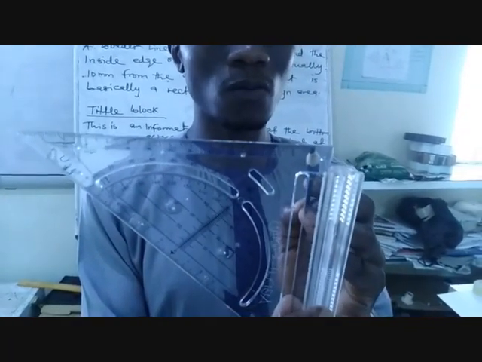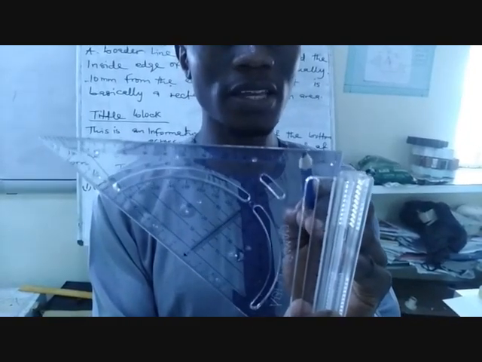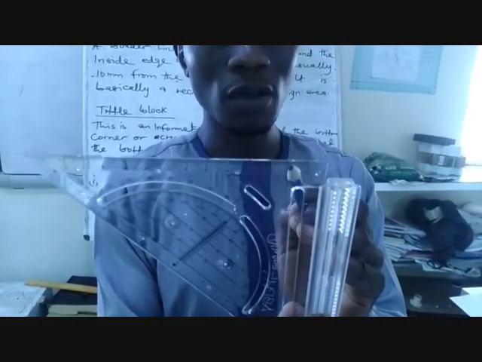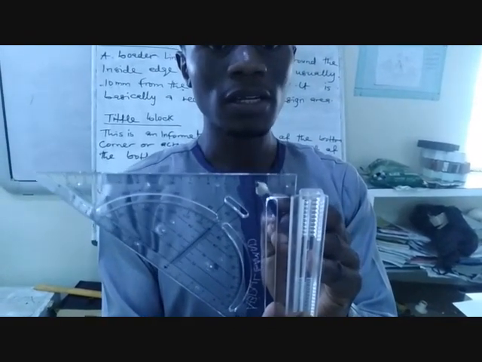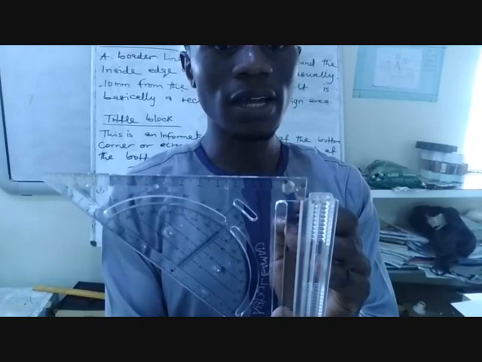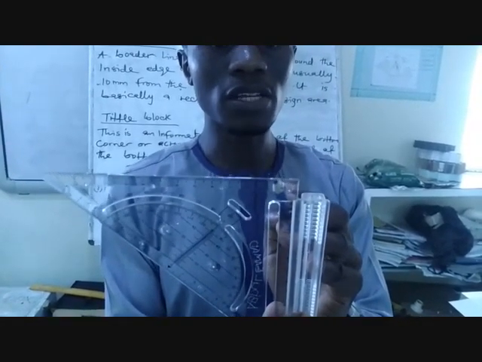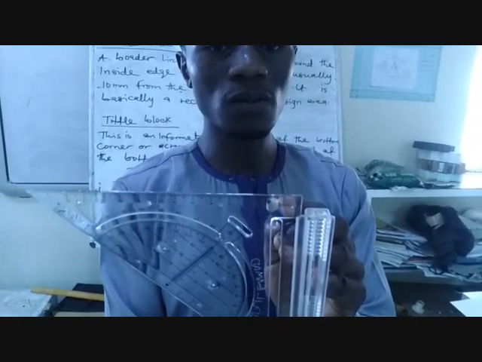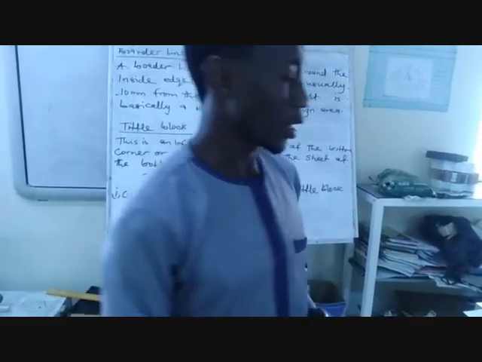So if you count 1, 2, 3, 4, 5, 6, 7, 8, 9, 10, each line here represents 1 millimeter. So that is how you are going to draw your borderline.